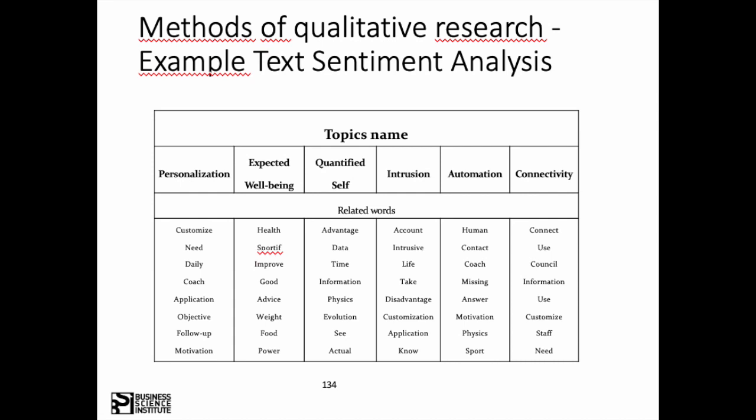And so we generated one topic about personalization with words such as customize, expected; well-being with words like health, status, improve, weight; a topic quantified self with related words such as advantage, data, time, physics, intrusion into private life, too intrusive, customization; a topic about automation, human, missing; and a last topic about connectivity: connect, use, information, customize. So we generated this with a word count and topic analysis done by R.